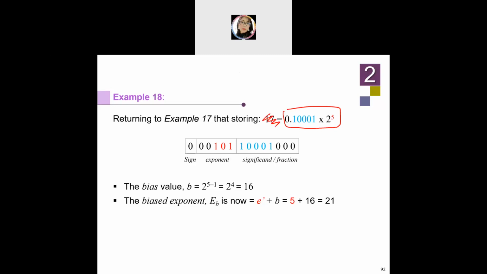Maybe you were given something like 1.10 times 2 to the power of 1. This is not E prime. Why? Answer me why this is not E prime. Just now I mentioned this is E prime, isn't it? This is E prime, yes. But this is not E prime. Why? Someone?